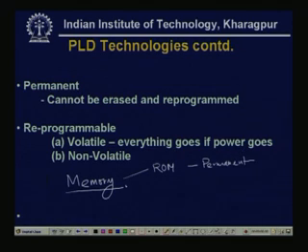Now, if it is a RAM type, that means we can change. Here also there can be two types, volatile memory or non-volatile. If it is volatile, we know that if power goes, then everything will go. If it is non-volatile, that means once we have programmed, it will be there.